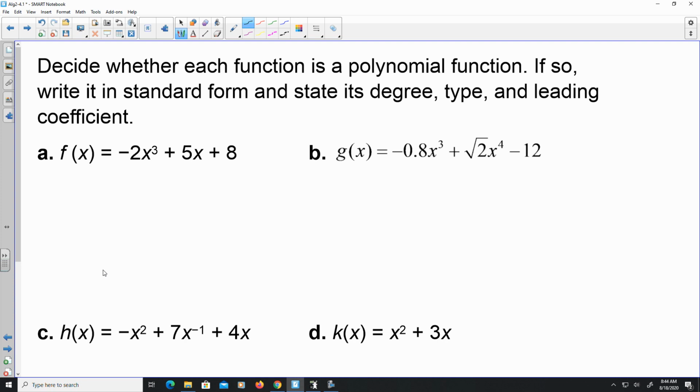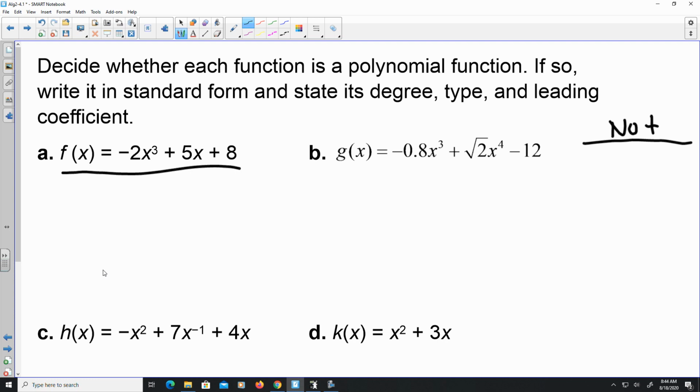The first example says f of x is equal to negative 2x to the third plus 5x plus 8. Now, for a function to not be a polynomial function, here are some of the characteristics, and you can kind of make a list of this. So I'm just going to put "not" right here and make this list.